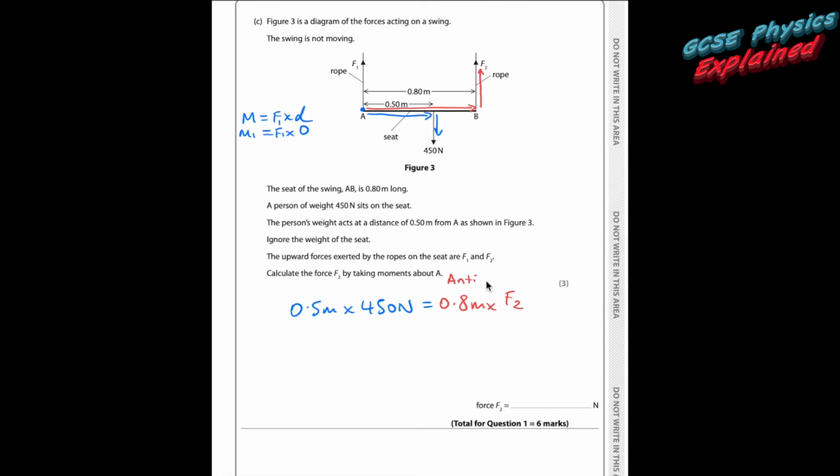So that the anti-clockwise moment equals the clockwise moment.